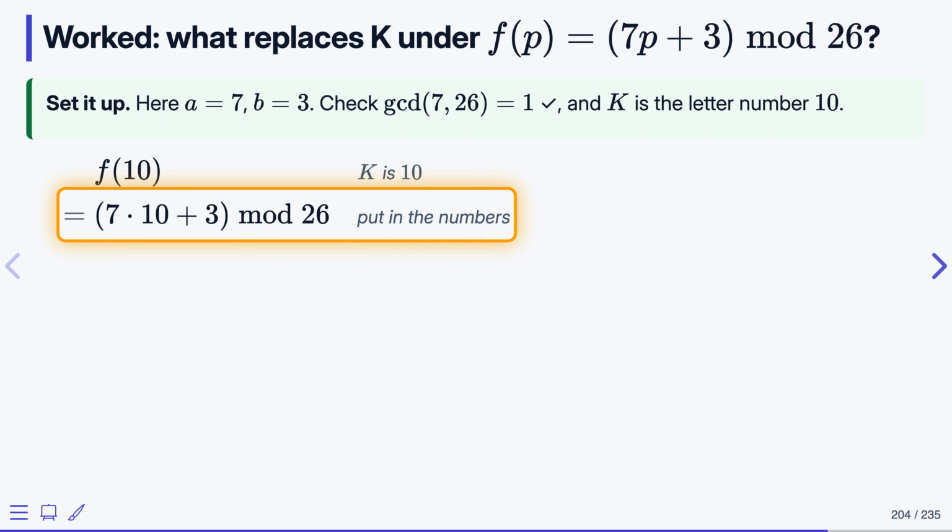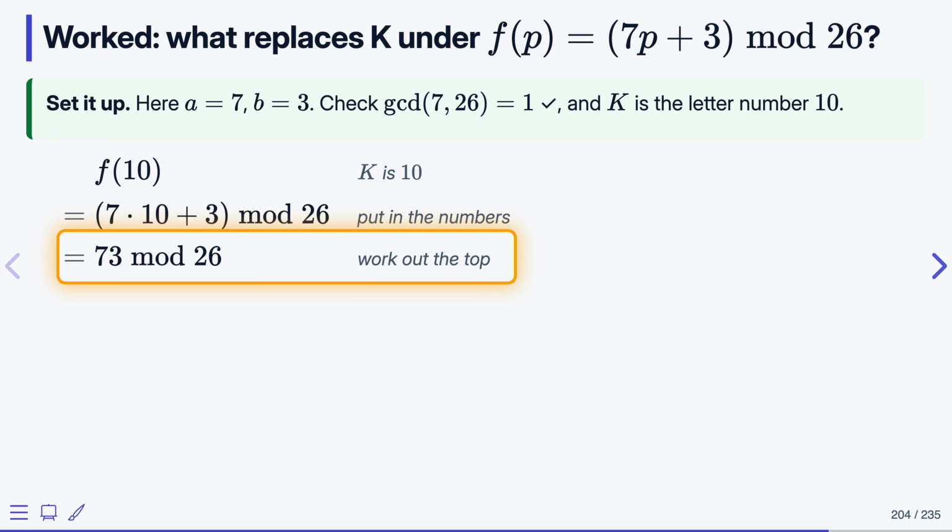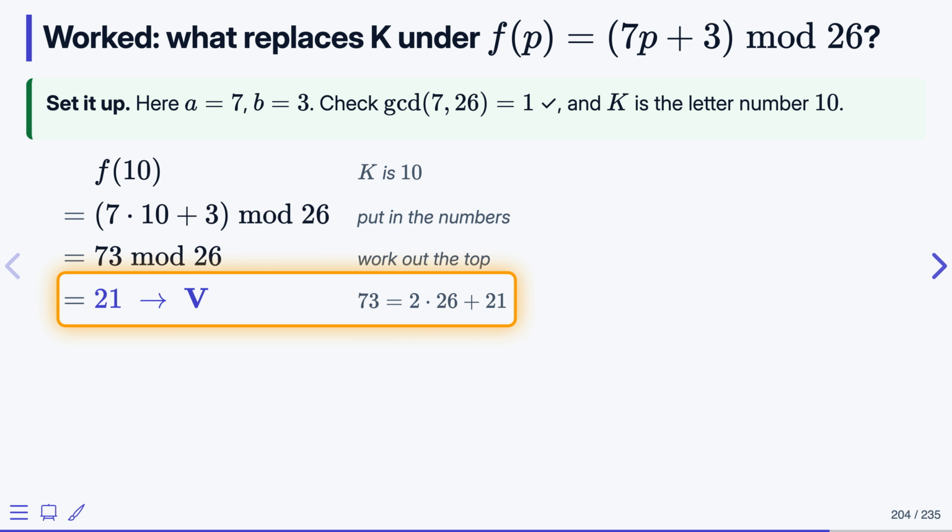Step 1, put in the numbers. 7 times 10 plus 3 all mod 26. Step 2, 7 times 10 is 70, plus 3 is 73. Step 3, now reduce. 73 is 2 26's, 52, plus 21. So the answer is 21, and 21 is the letter V, so K becomes V.